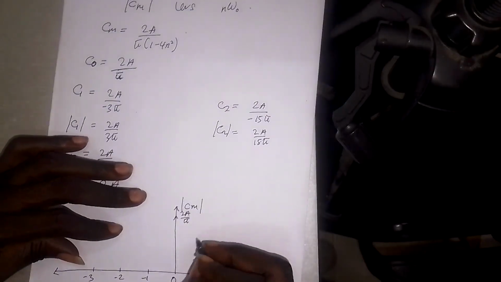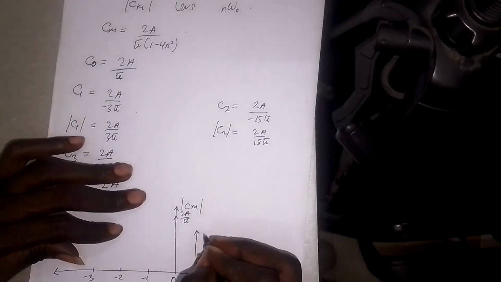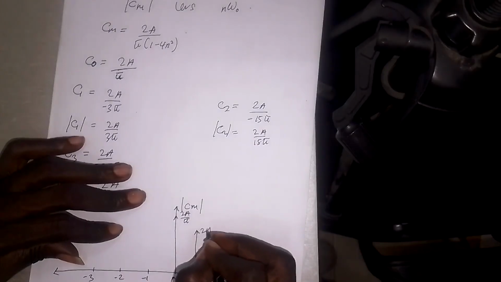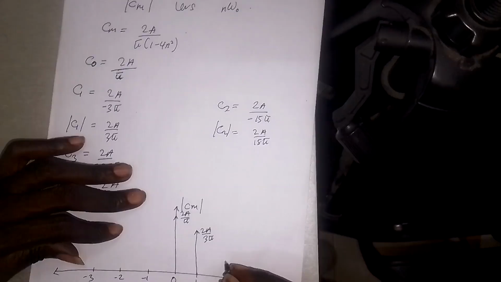So here, my value was 2A on 3 pi. Here, my value was 2A on 15 pi. And here, my value was 2A on 35 pi.